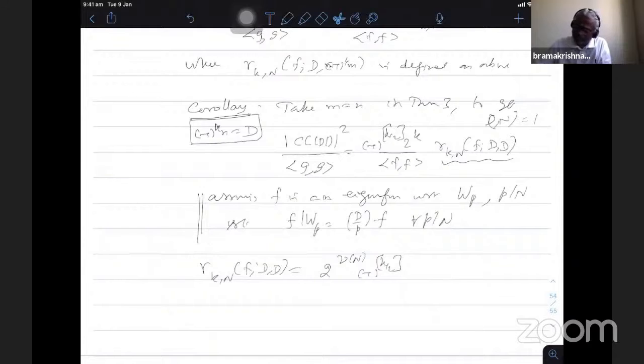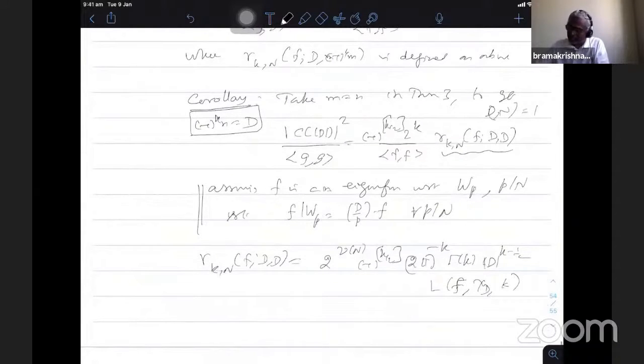So this is equal to minus 1 power k by 2, 2 power nu n, 2 pi power minus k, gamma k, mod d power k minus half into the L function, L f by dk. Because sometimes I write d, it's better to write the character. So chi d is the character corresponding to the fundamental discriminant d.